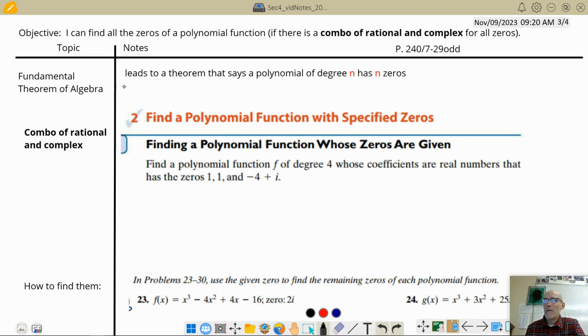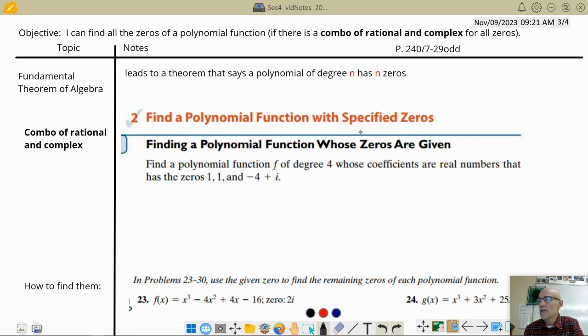And there's a theorem, the fundamental theorem of algebra, that says every polynomial that has a degree bigger than 1 is going to have at least one zero. And then they found that they could go further than that and say there's a theorem that says if the degree is n, there's actually n zeros.